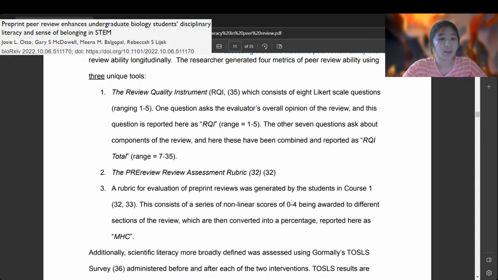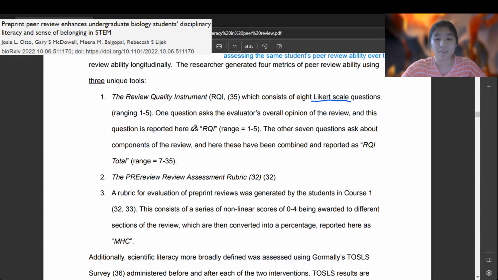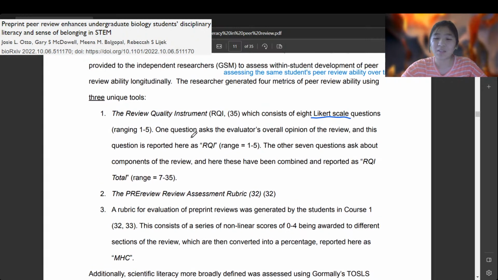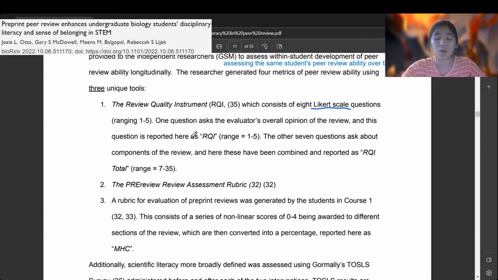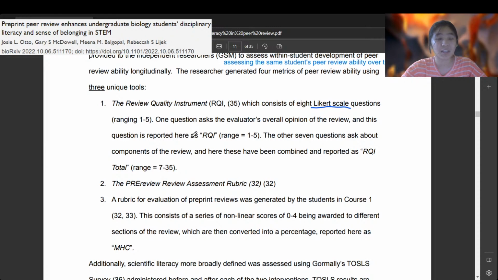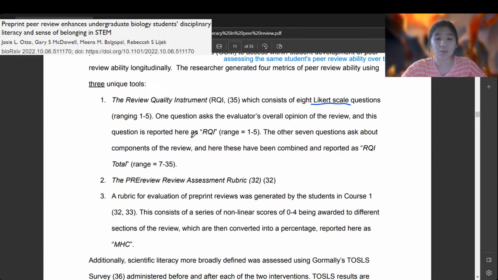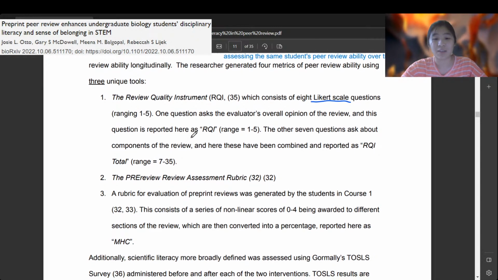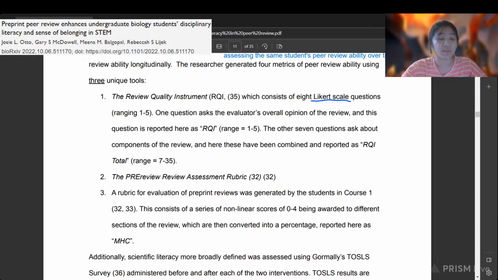Okay, so I'm not an expert in qualitative tests myself, so I don't know what the Likert scale is. But generally, it's not really too important to know all the details of a methods section, as long as you get the general idea of how they are measuring their tests.